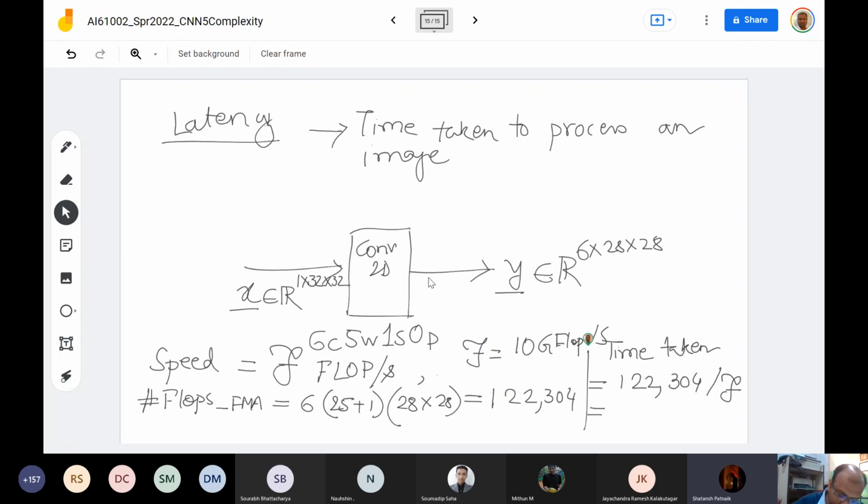Then what will it be? So 122,304 divided by 10 into 10 to the power of 9. This is equal to 1.22 into 10 to the power minus 5.